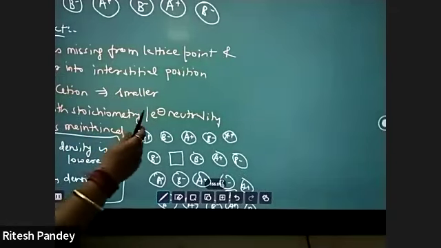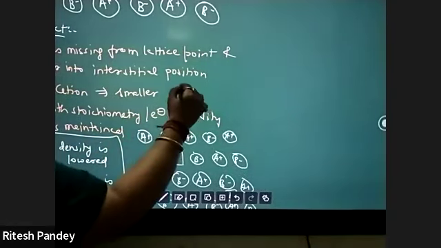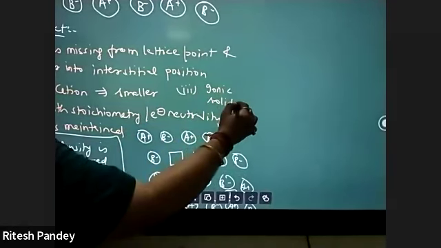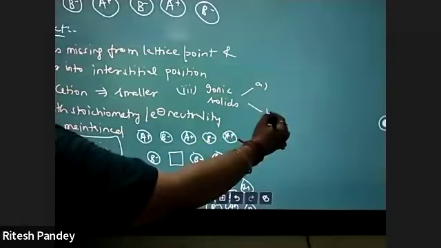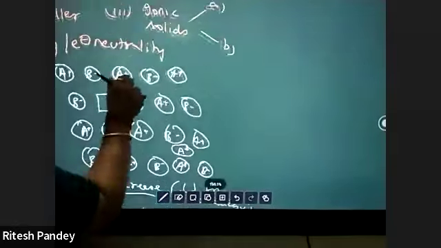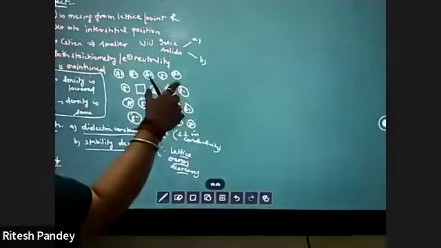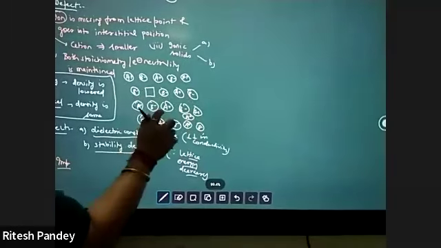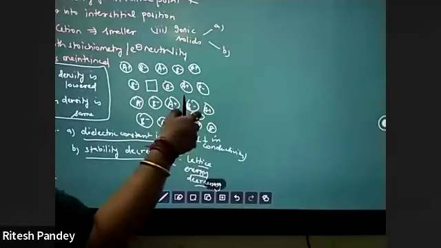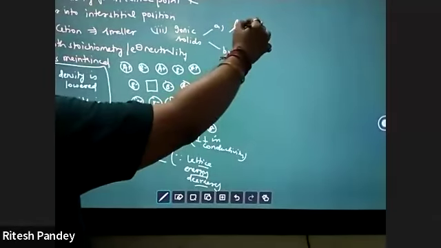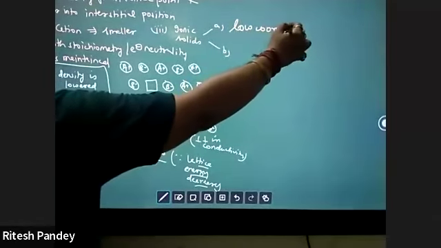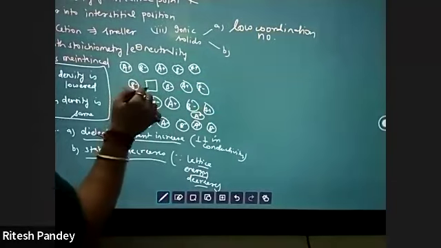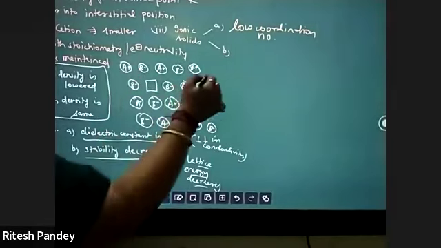Frenkel, you'd see, would happen in ionic solids, and again, this is easy to relate to, because you have to allow the particles to move out of their own positions to an interstitial position. It's possible only if there is a low coordination number. Obviously, if the coordination number is low, they're less surrounded and easy to come out of their positions.